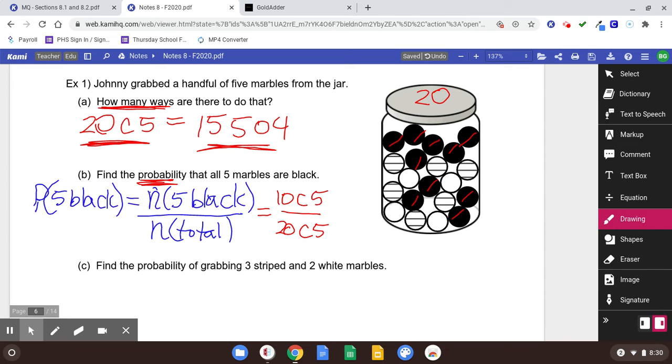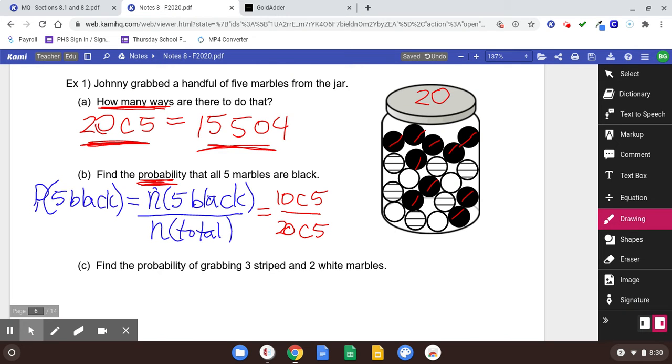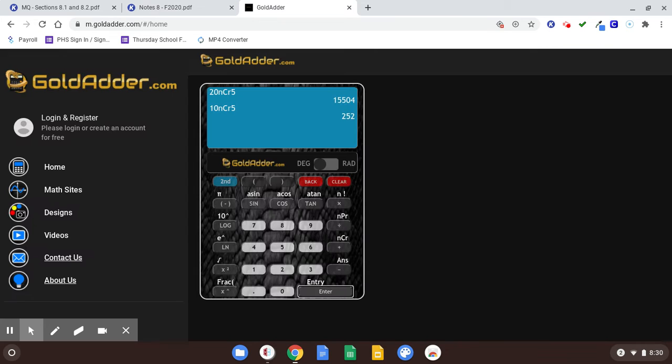So 10 choose 5 is 252, and we already did 20 choose 5 was 15,504. Usually I don't like reducing fractions like this. This fraction looks too hard to reduce, so I'm not going to waste my time reducing.